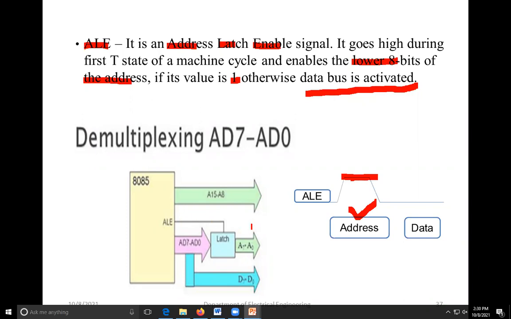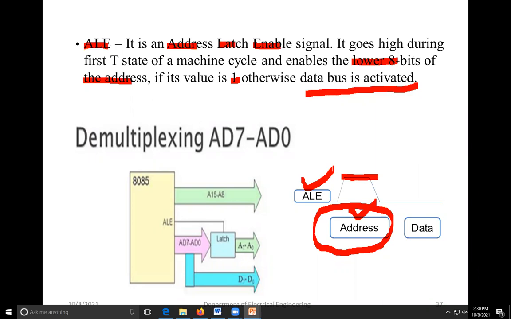But when it acts as a data bus, suppose ALE is high, then what will happen? When ALE is high, this acts as an address bus. This acts as an address bus means all 16 pins only transfer the address. All 16 pins, AD0 to AD15, or you can say A0 to A15, only transfer the address when the ALE pin is high.